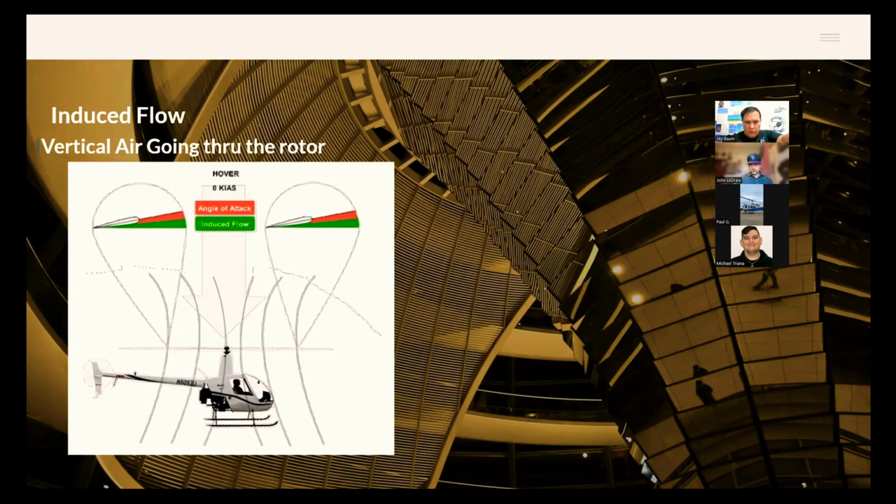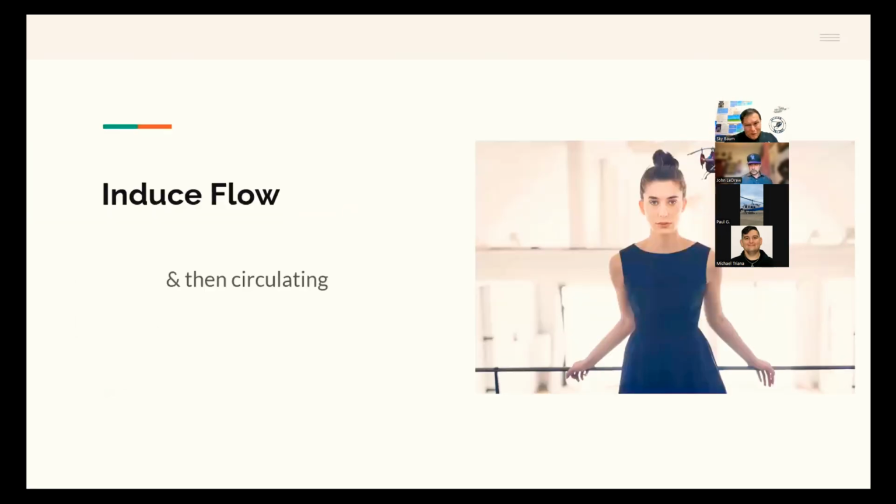As you can see in the illustration, it goes through vertically, and then it comes around and circulates. That's the simplest way I can put it. You can read the helicopter flight instructor manual, and it's almost confusing, honestly.